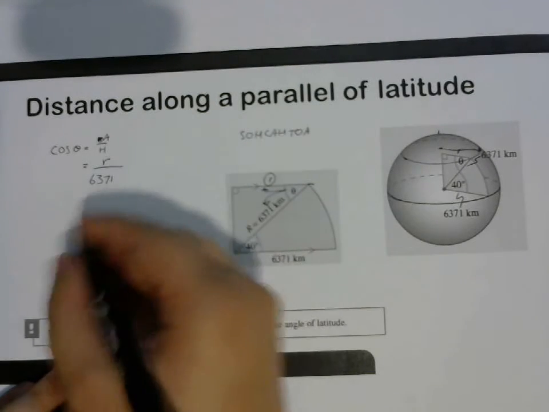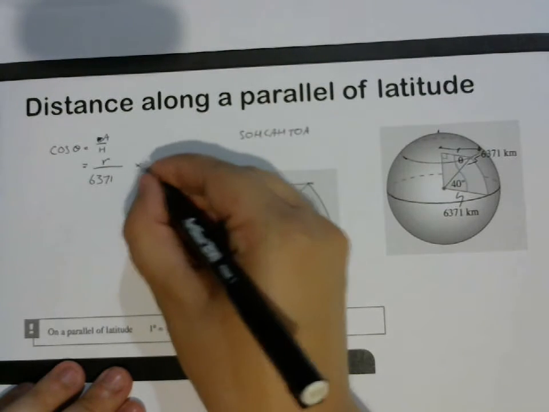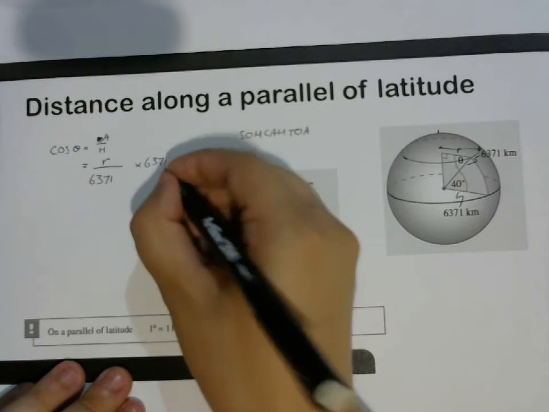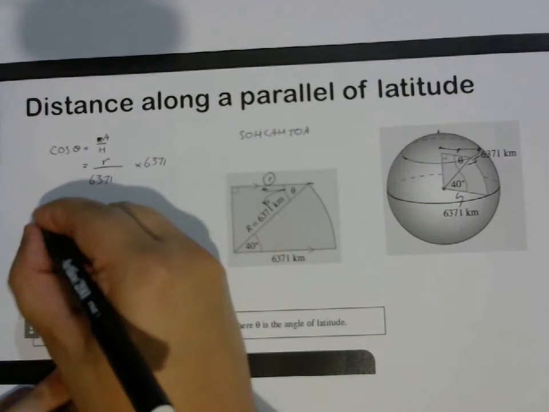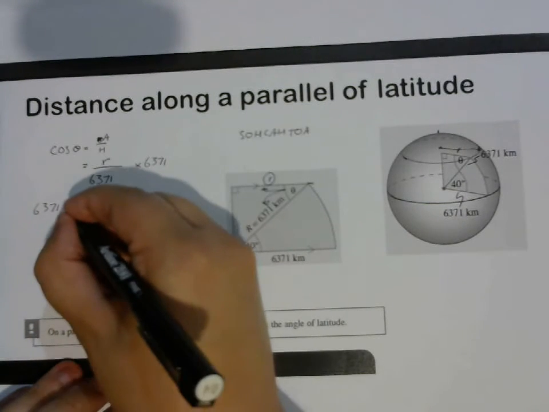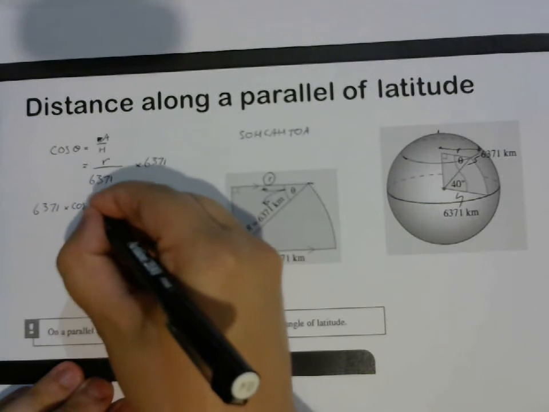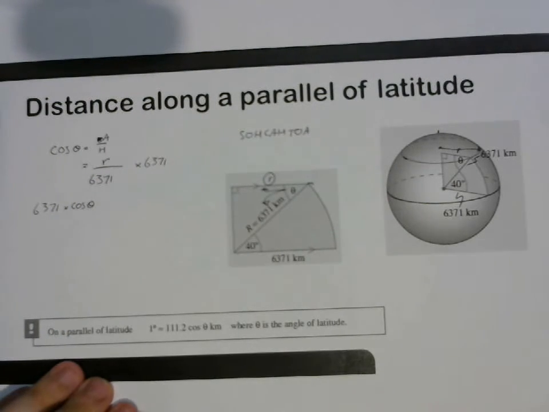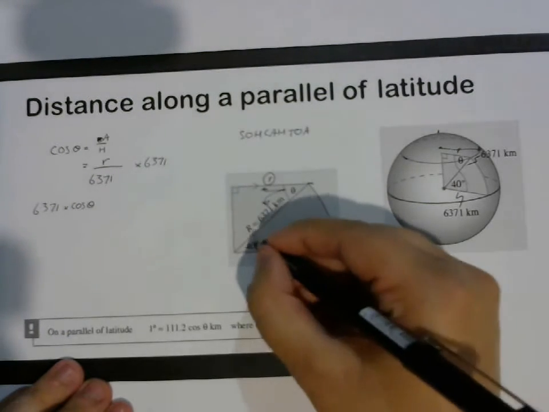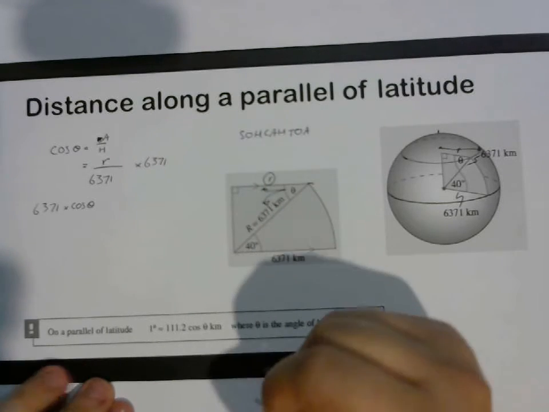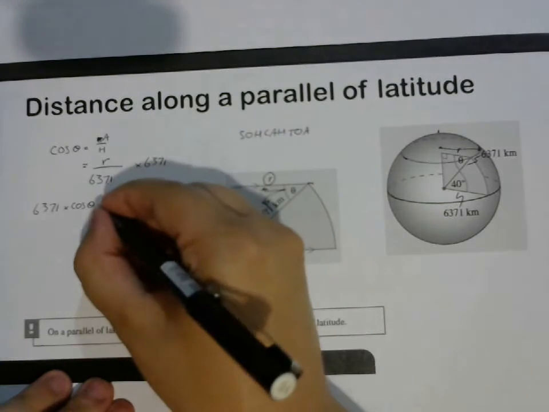I can now rearrange this for r by multiplying both sides by 6,371. So I get 6,371 times cos of theta, where theta is the degrees latitude, equals r.